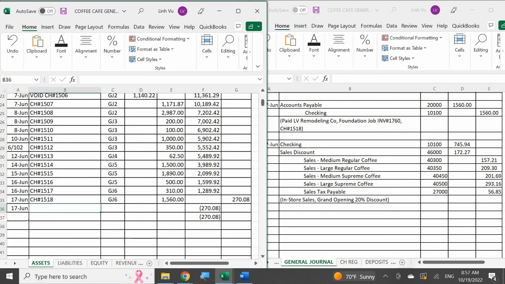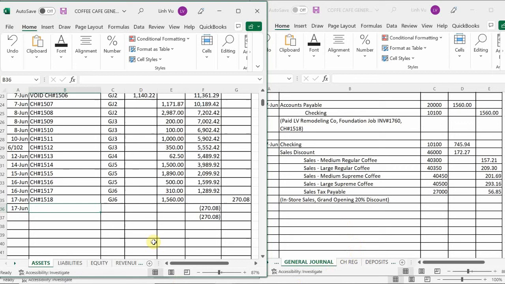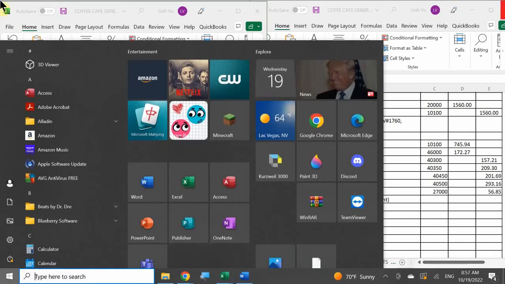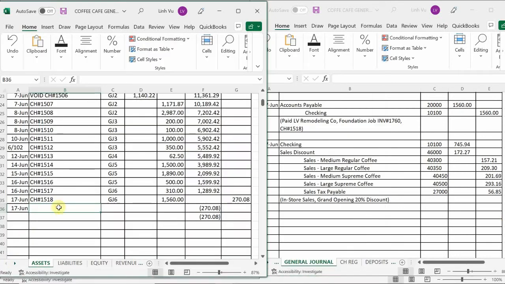It's from revenue. It's from sales. It's from your in-store sales.